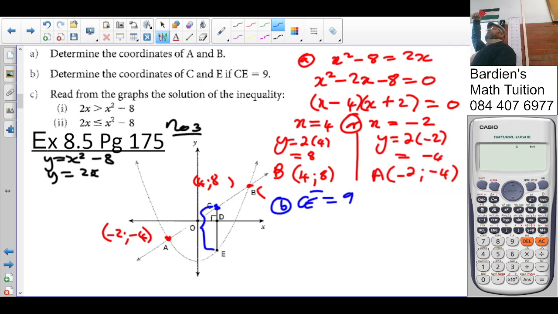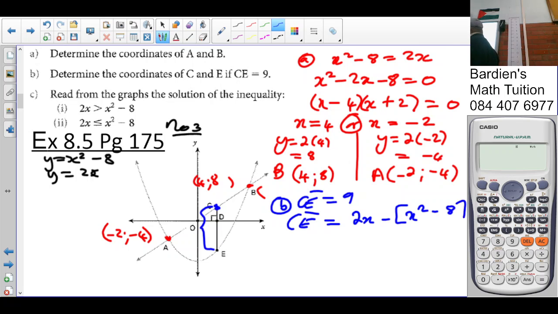Top graph minus the bottom graph. So CE is equal to, which graph is on top? The straight line, which is 2x, minus the graph at the bottom, which is the parabola, which is x squared minus 8.